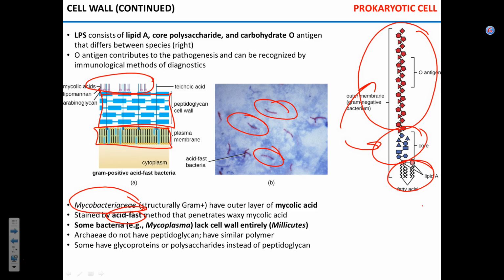And also Hansen's disease. What is another name for Hansen's disease? Anyone knows? It was killing and debilitating people in Hawaii in the beginning of the 20th century. Leprosy. Yes, Mycobacterium leprae is another example of acid-fast stained bacteria. The thing about these guys, they're fairly hard to kill.